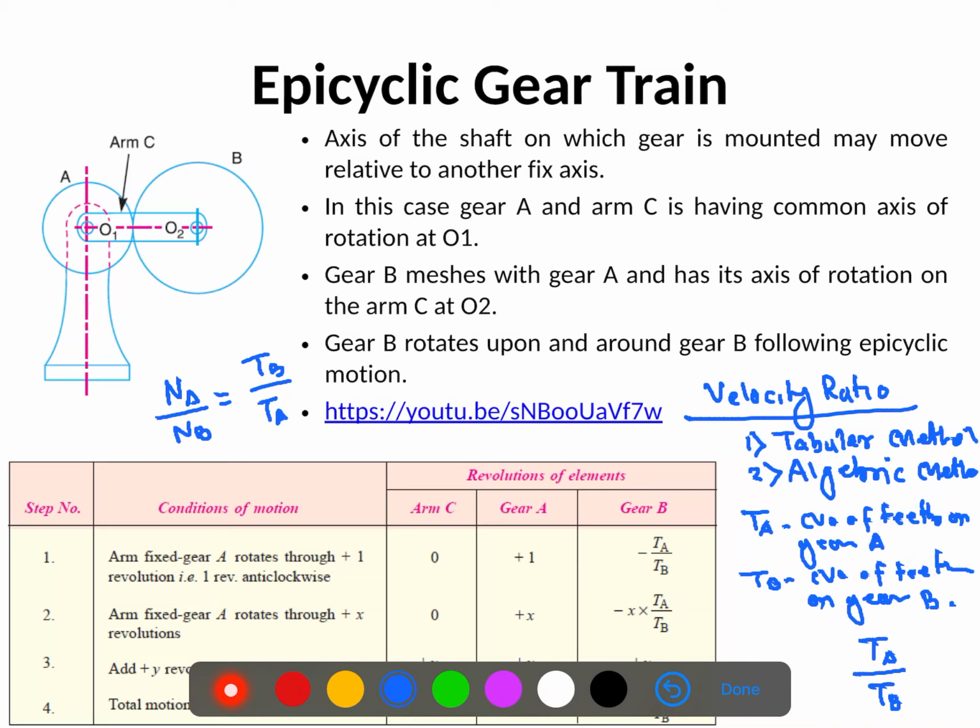We are considering Na is 1, that is, it is making 1 revolution in 1 minute. Then Nb is equal to Ta by Tb.